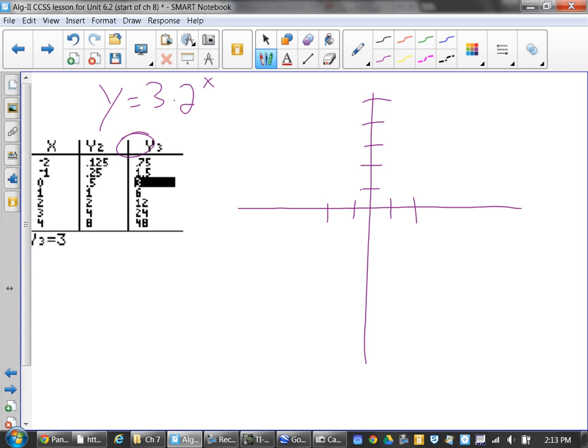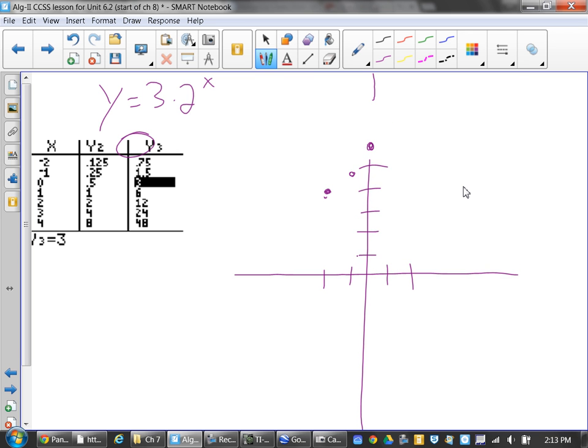At -2, it was a quarter. At -1, it's at 3/4, excuse me. At 0 it was 3. At 1, that's way up there. It's doing that. We okay with that?